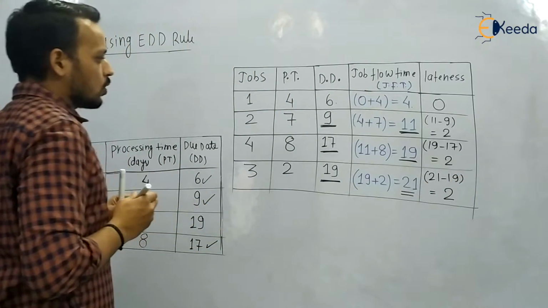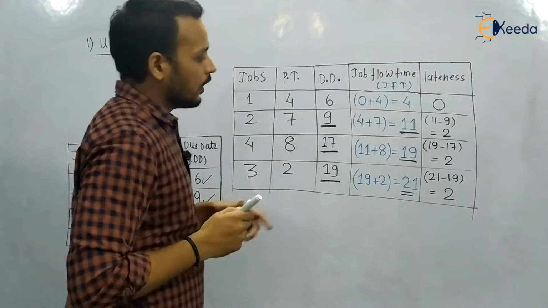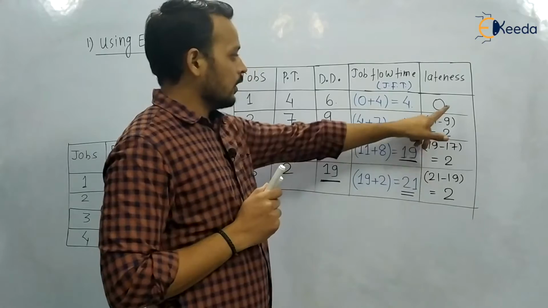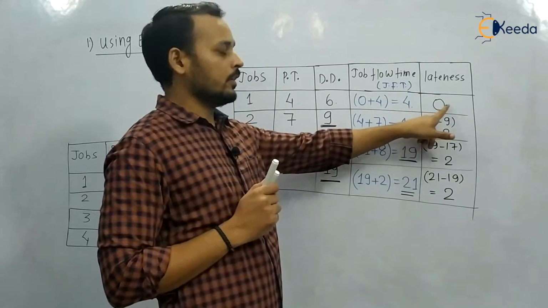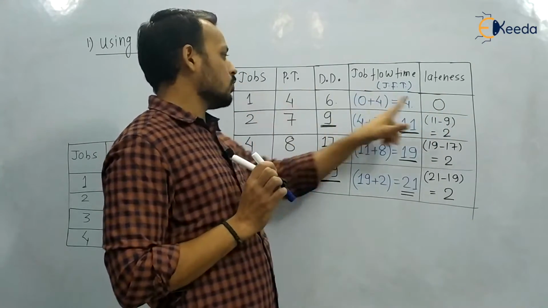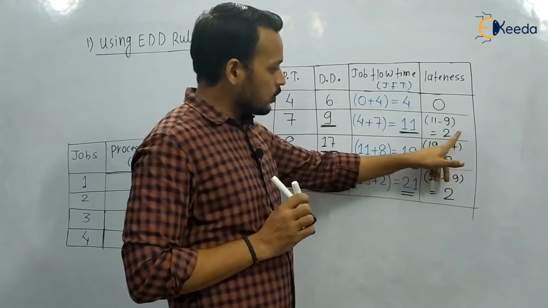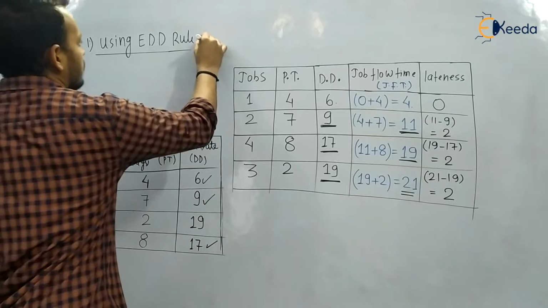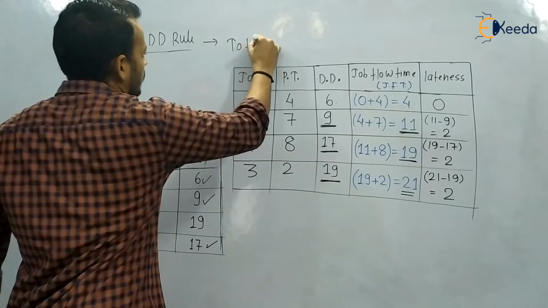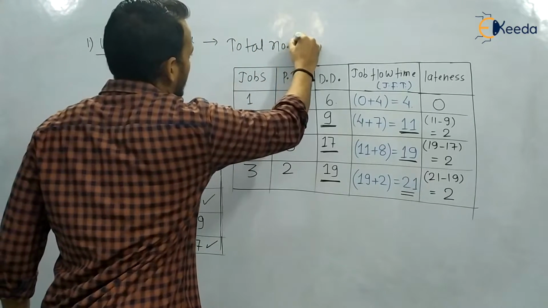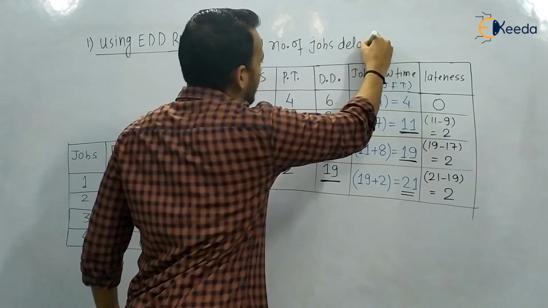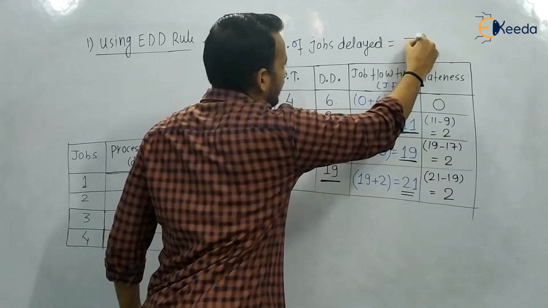Okay. So the question was, find the total number of jobs delayed. Okay, so how many jobs are delayed? For job 1, it is 0. Okay, the job 1 is not being delayed. So how many jobs are being delayed? 1, 2 and 3. So we can say that total number of jobs delayed is 3.